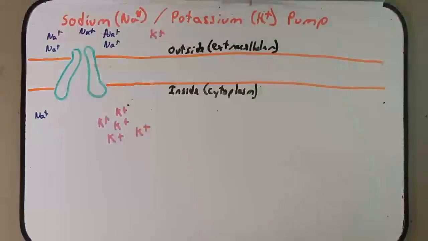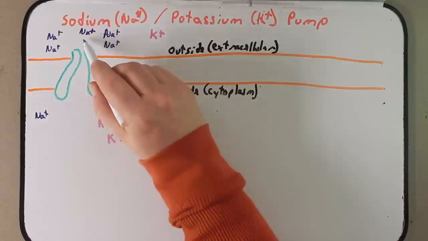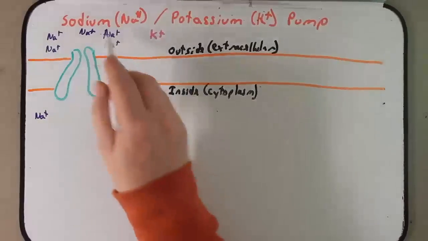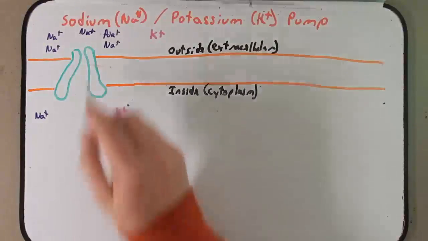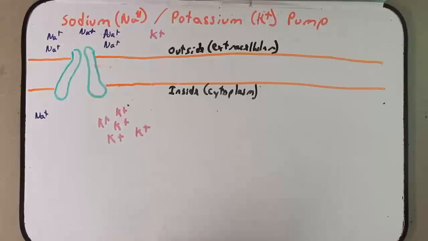But for this pump to work, we need to push sodium to the outside of the cell, even though there's more of it out there, so it's going against its gradient. And we need to have potassium come inside of the cell. So how are we going to make this endergonic reaction move forward?